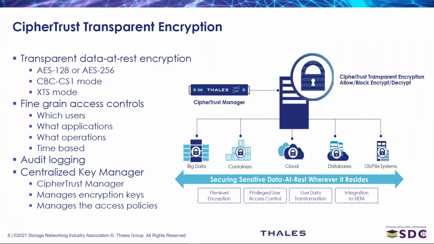One, it provides encryption using a strong 128 or 256-bit AES. It supports CBC-CS1 encryption mode for regular files and S3 objects, and also has an XTS mode for storage array types.